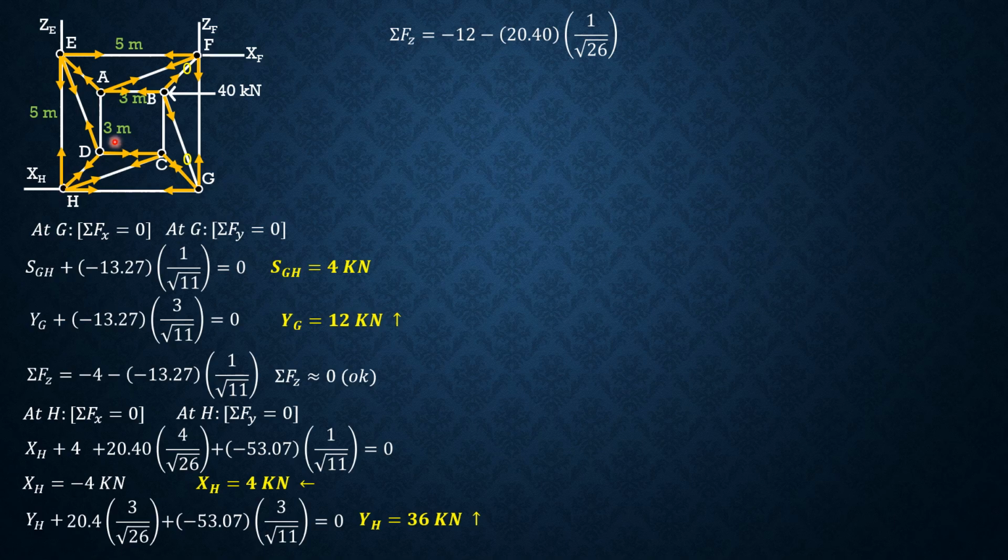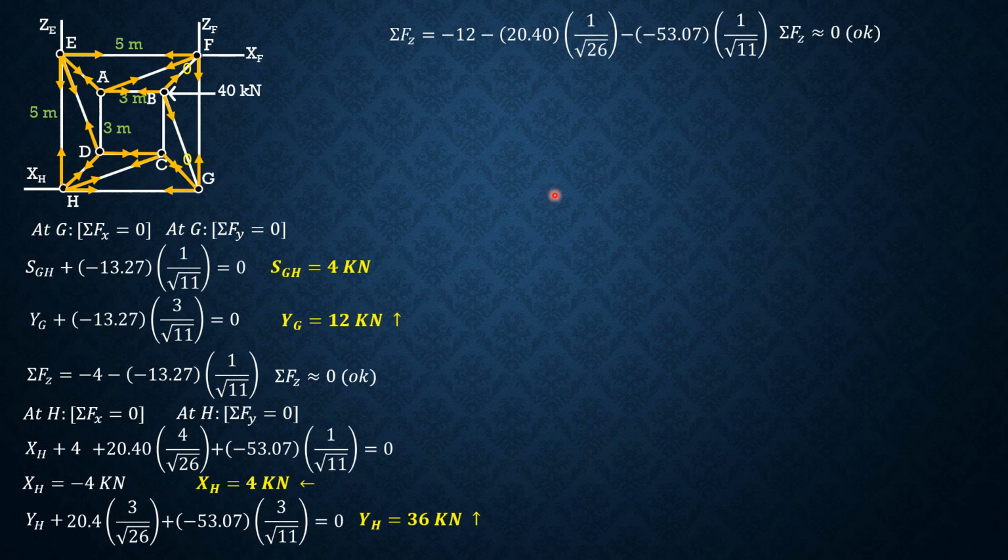Then minus DH, which is negative 53.07 times 1 over square root of 11. Evaluate that, it's almost 0. So that means it is balanced along Z. So far, all our answers are correct, and they are verified by these static equations.